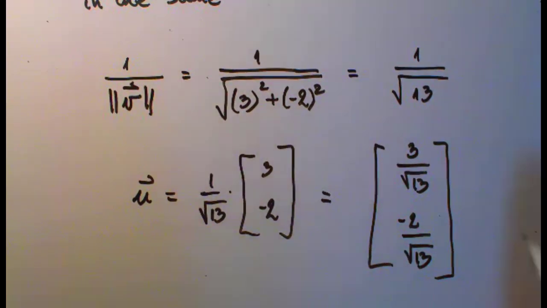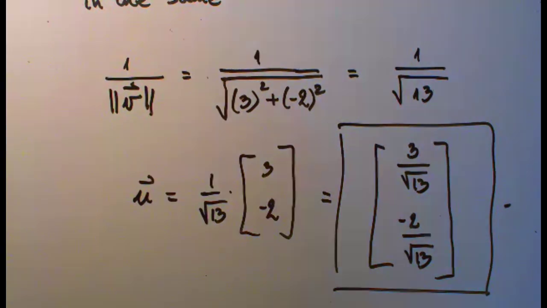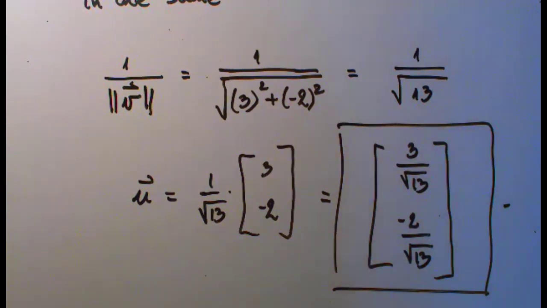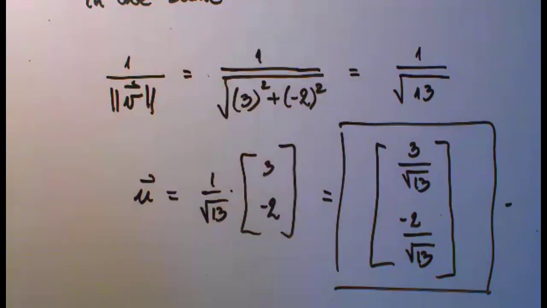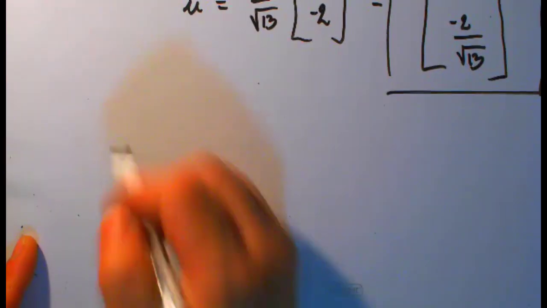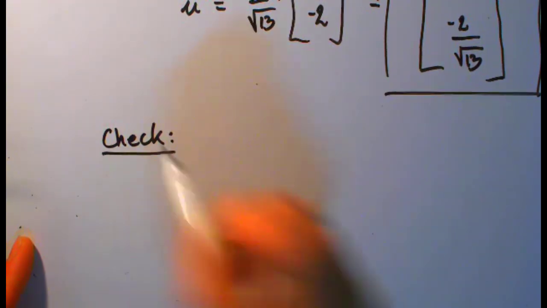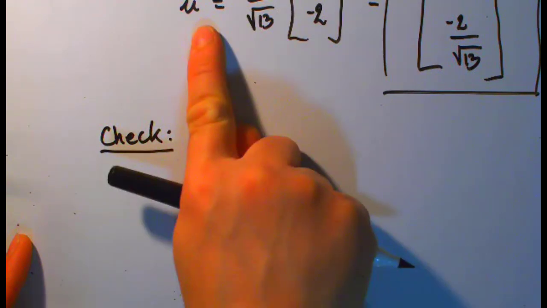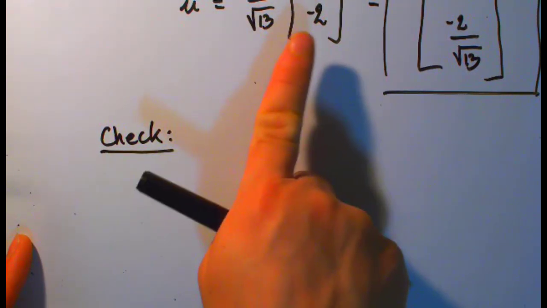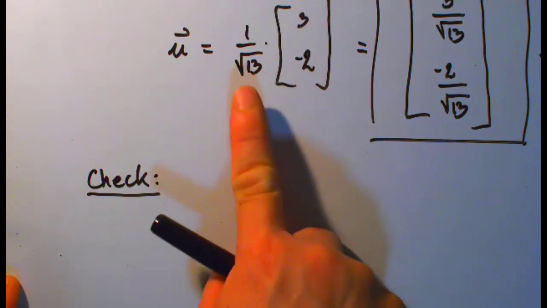Okay, but now, ladies and gentlemen, I'm telling you that this new vector, this vector u, has length 1. It points in the same direction as v, and it has length 1. So let's quickly check. The reason I can guarantee you that u points in the same direction as v is that u is simply a scalar multiple of v.